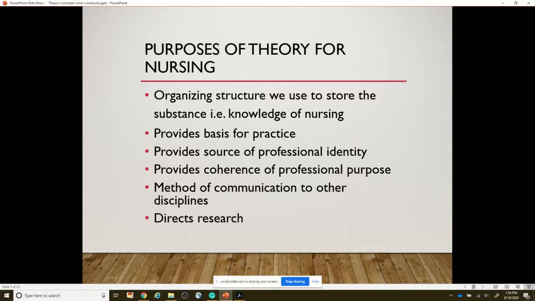It's basically a way of thinking through a problem and identifying possible causative events, correlations or relationships, and of course outcomes.